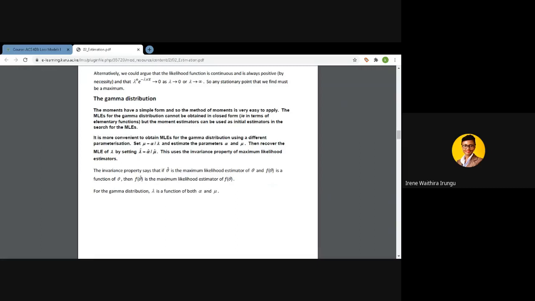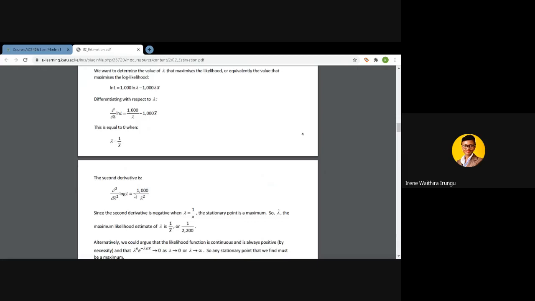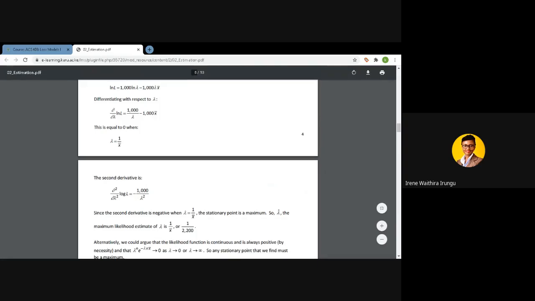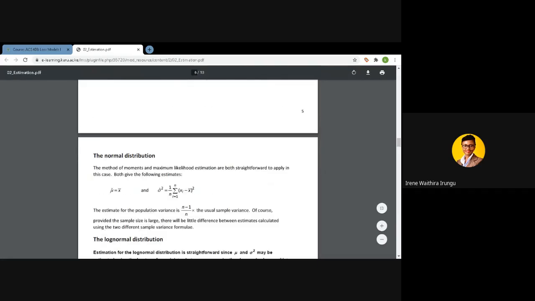And to affirm whether it is actually the correct value, differentiate the log of the likelihood twice. And if it gives you a negative, if the gradient here is less than 0, then you can confirm that whatever estimate you have arrived at is actually a maximum likelihood estimate. So we can look at another example.